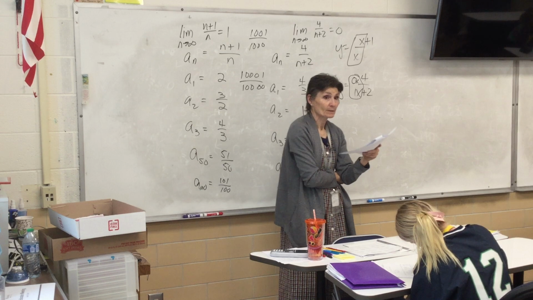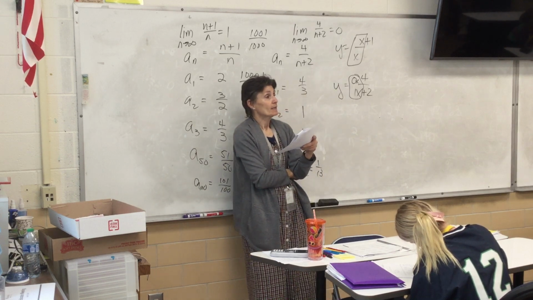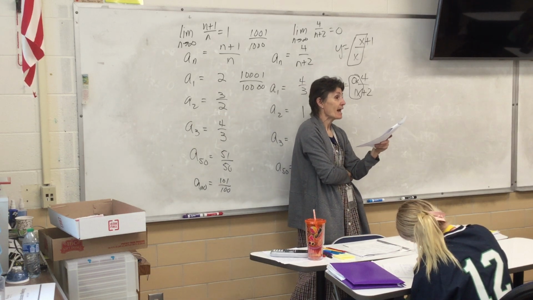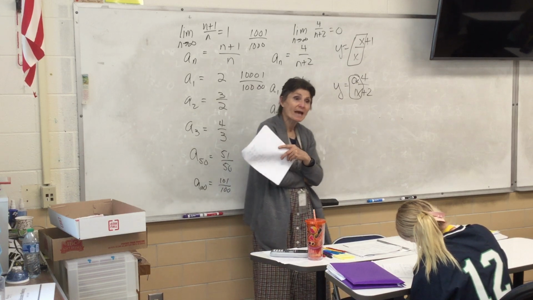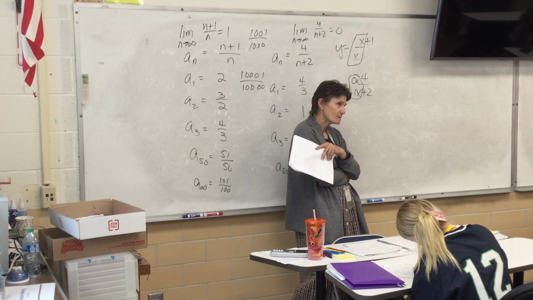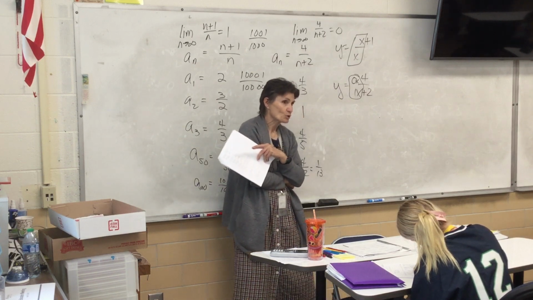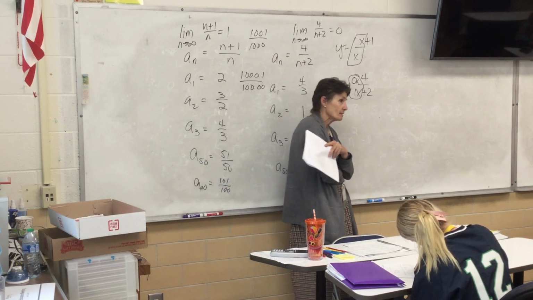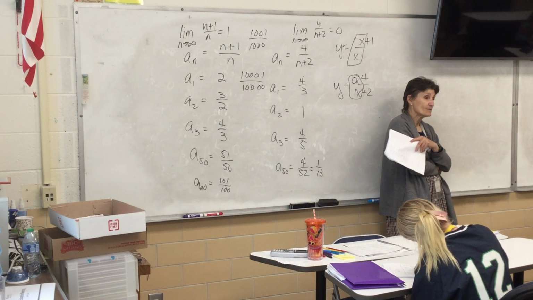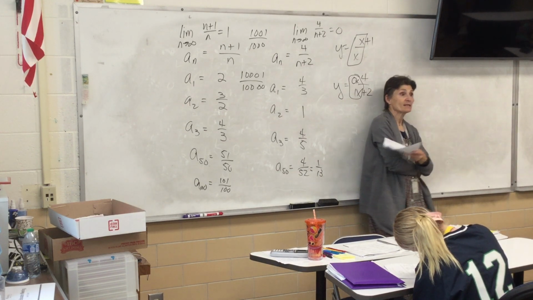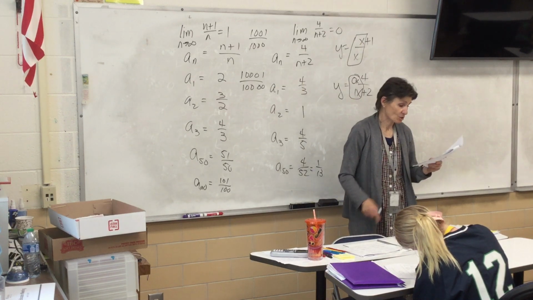Would you agree? Now, convergent means it has a limit. Remember there are some problems that have no limit? Remember we had no horizontal asymptote sometimes? That's called divergent. If they have a limit, they're called convergent. In this case, number C converges and its limit is 3.